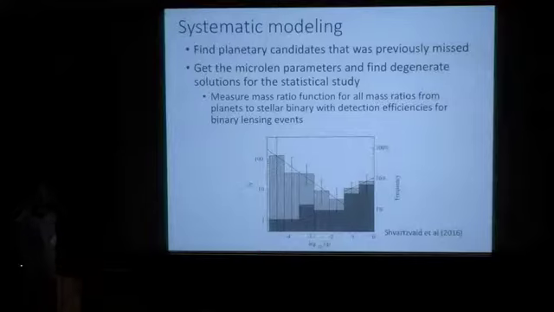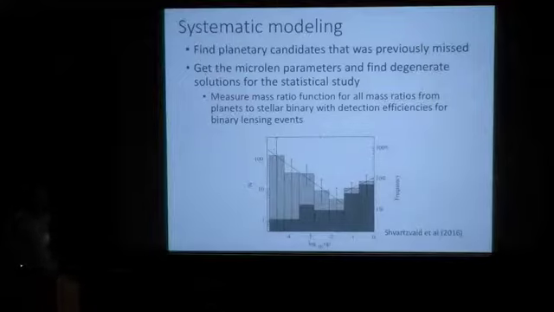So we now have a lot of binary candidates. We conducted systematic modeling for all alerted binary lens events. The motivation is to find planetary candidates that were previously missed, and to get the microlens parameters and solutions, especially the mass ratio q, for statistical studies.